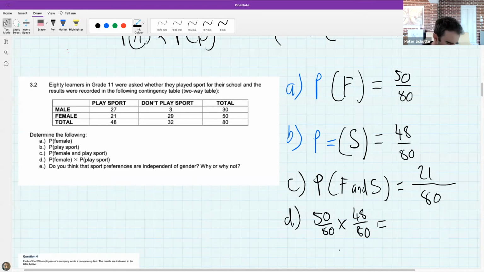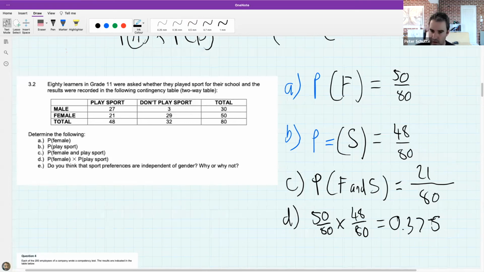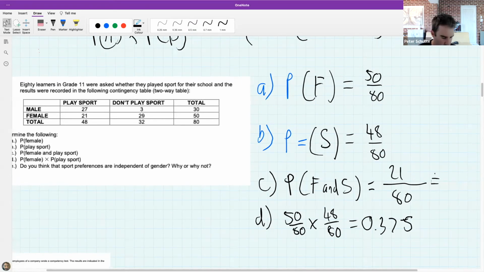So what are we getting for 50 over 80? I'm getting 0.375 for this one. And if I wanted to convert that, I'm going to put that into decimals. So what does that mean?